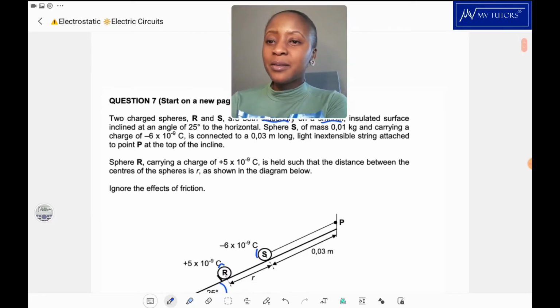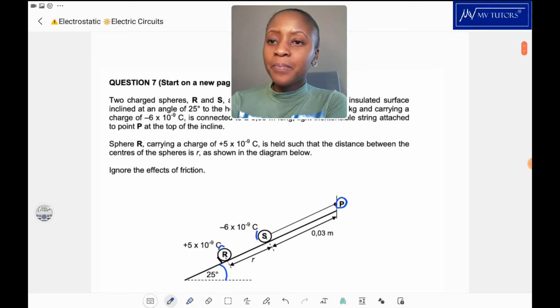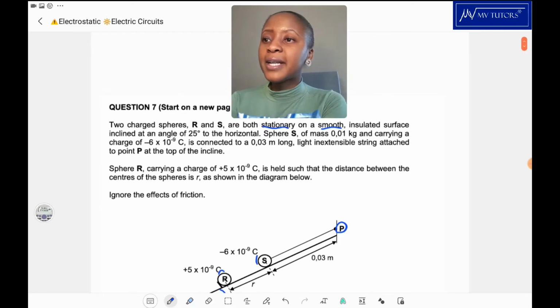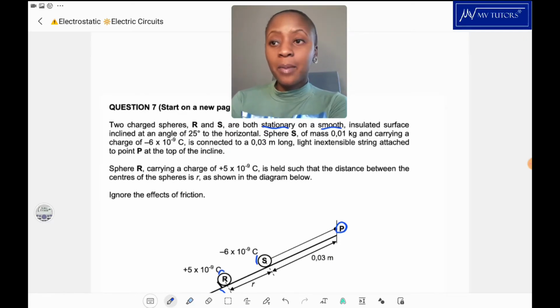So there we have point P, and there's the string. Probably the mass of the string is negligible. Then sphere R carrying a charge of 5 times 10 to the power minus 9 is held such that the distance between the centers of the spheres is R, as shown in the diagram below.